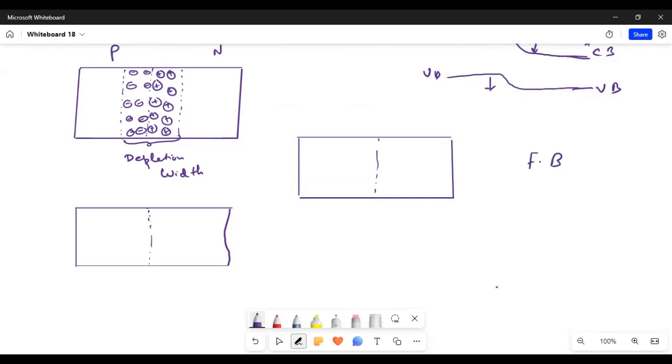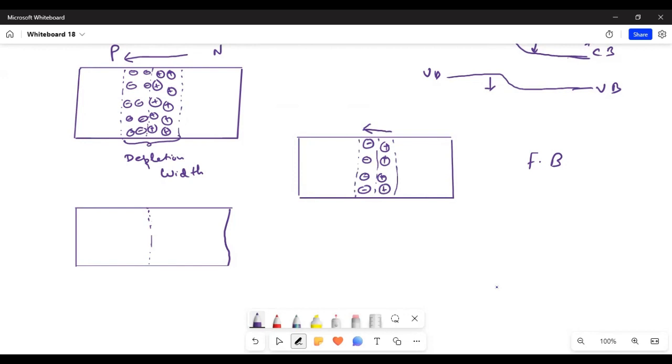There is an electric field there, because of which the effective width of the depletion region reduces. The electric component is reduced, and we see a flow of current.